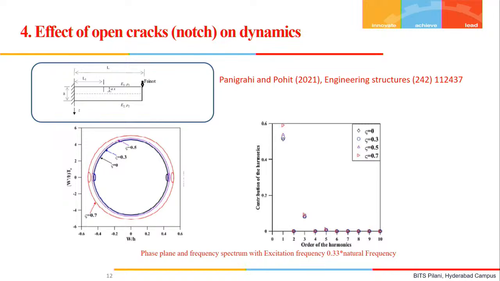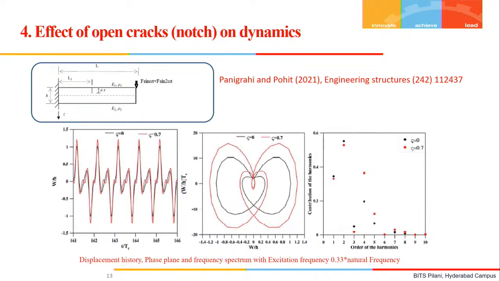However, if we change the excitation pattern for the same structure, because random excitations can come in any nature, and we know that any periodic excitation can be written in terms of its higher order harmonics using the Fourier series, we have given it a multi-frequency excitation: f sin omega t plus f sin 2 omega t, with omega again 0.33 of the natural frequency of the system.